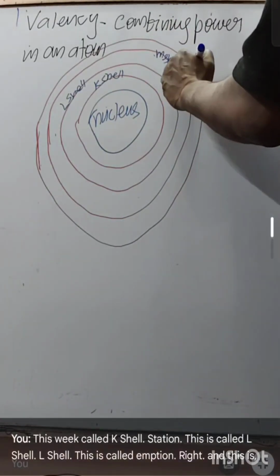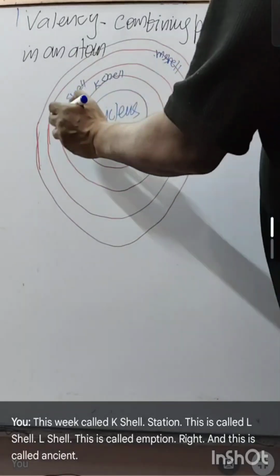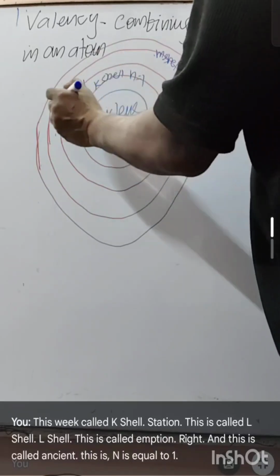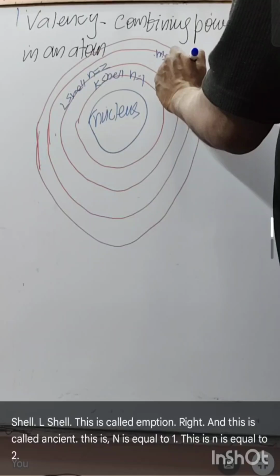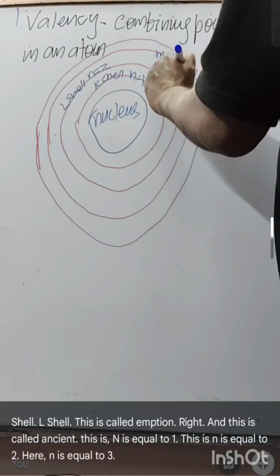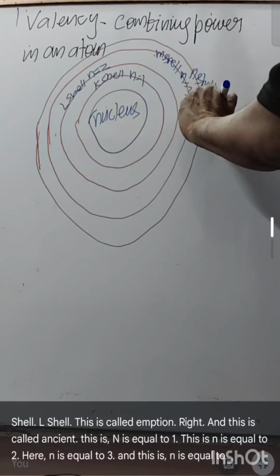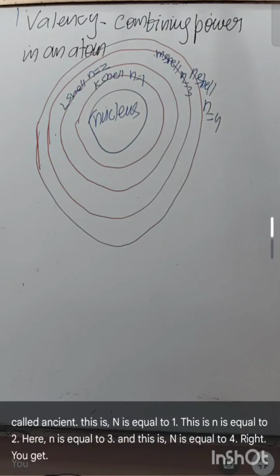And this is called the N shell. This is n equal to 1, this is n equal to 2, here n equal to 3, and this is n equal to 4. Right? You get this much?